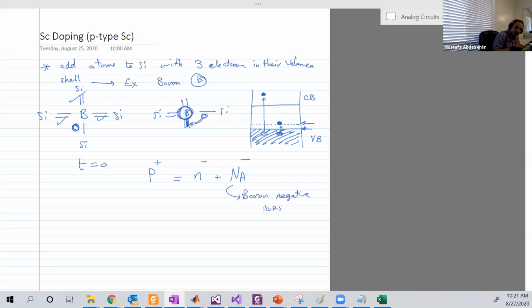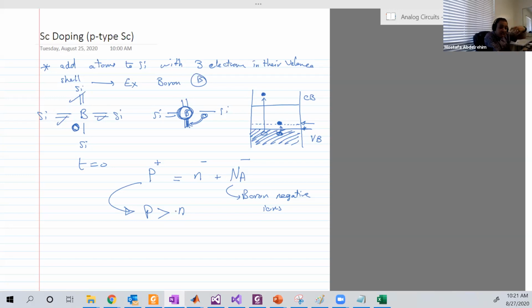And again, B, based on that equation, must be larger than N, because it is equal to N plus something. So it must be larger than N. So we could increase the concentration of holes in the semiconductor.